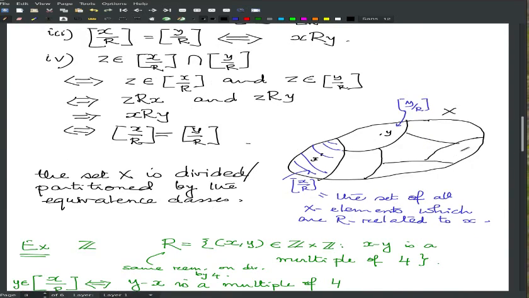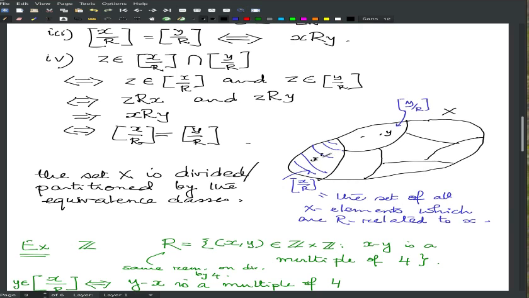What happened? If I started off with an equivalence relation, I have this partition. And what are these partitioning sets? Well, if I have another element here, this is the collection of all those things which are related by R to y. This is the collection of all those which are related by R to x.